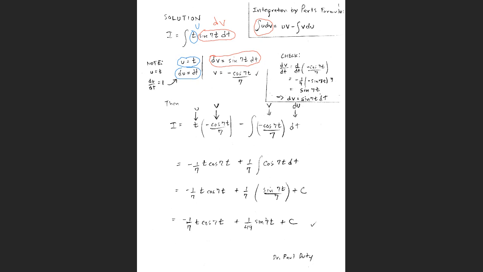What I have to do to write out the right-hand side of the integration by parts formula is figure out what du is, and what v is. Well, if u is equal to t, du is equal to dt.